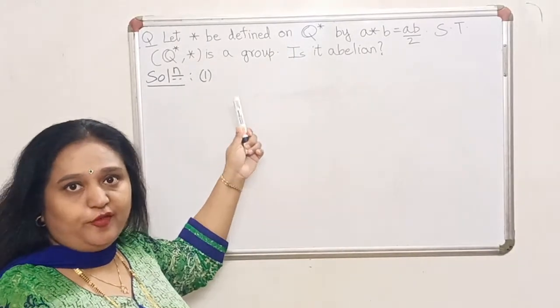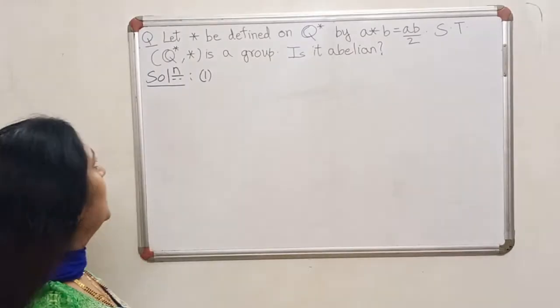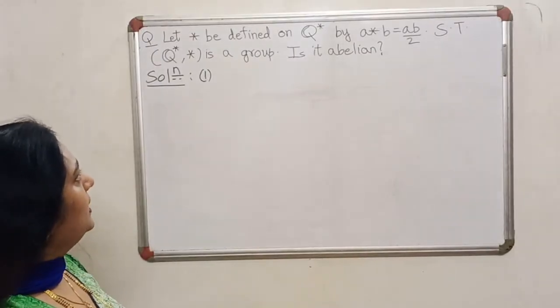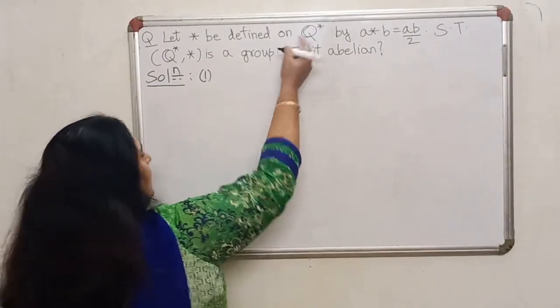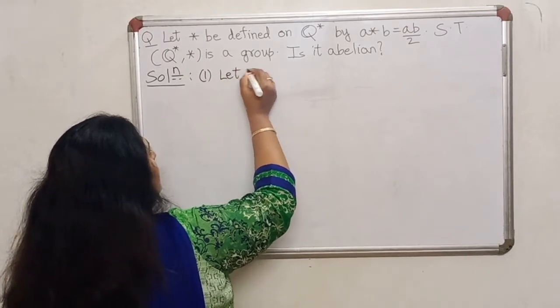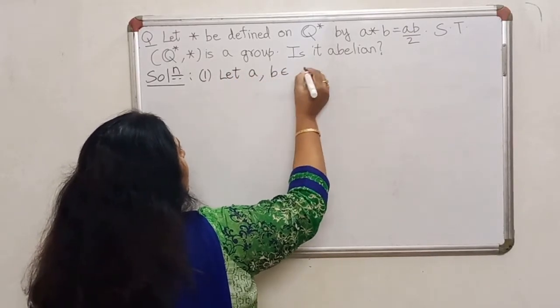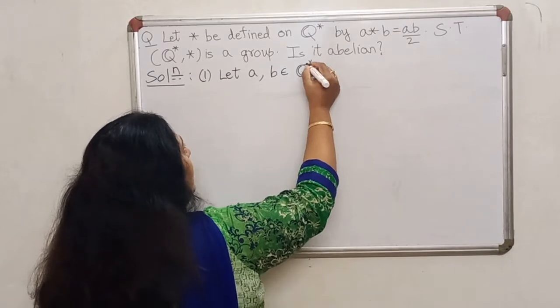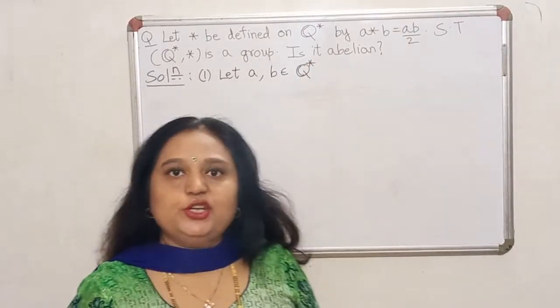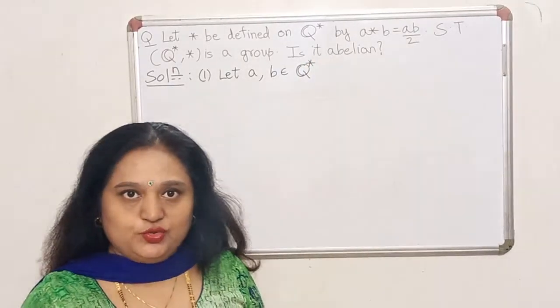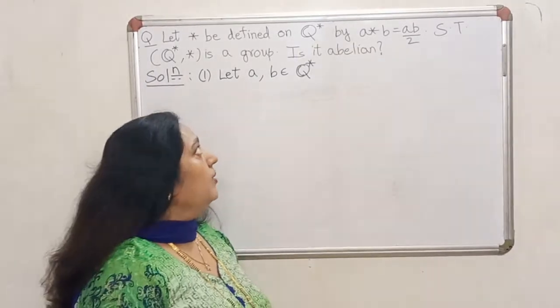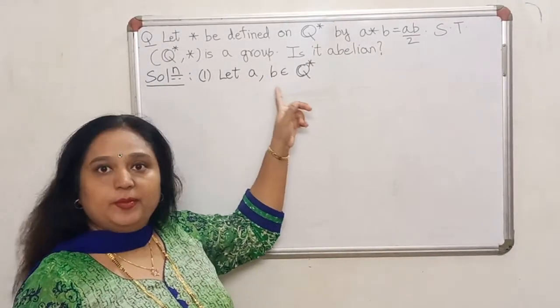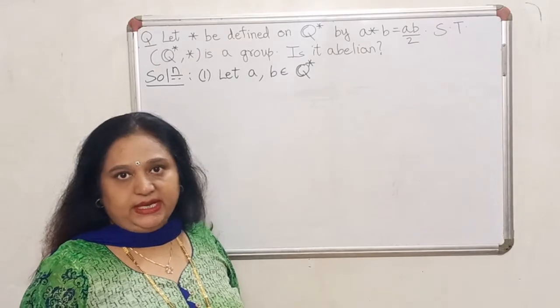SOLN is short form for solution. So let's prove it's a binary operation. We'll begin by taking any two elements of Q star. So we begin with two arbitrary elements of Q star, and our aim will be to prove that A star B is again in the same set.